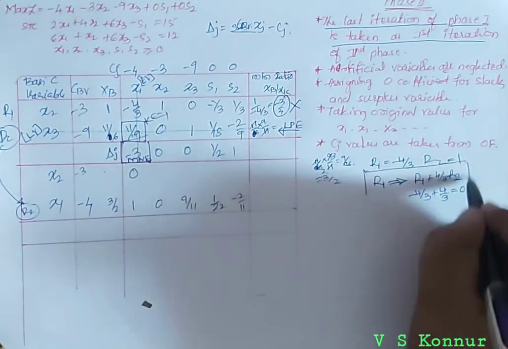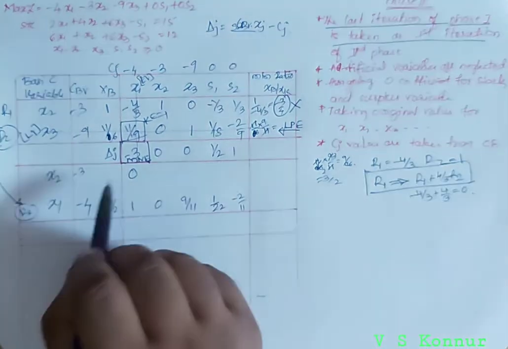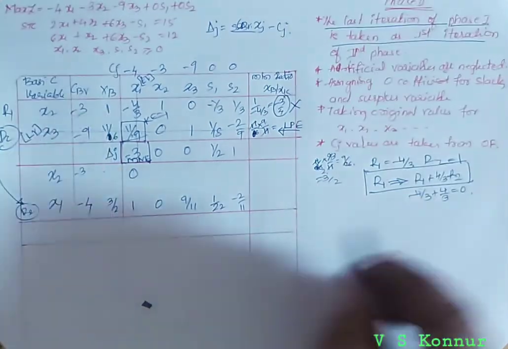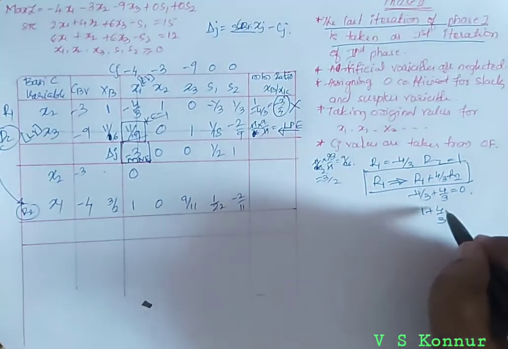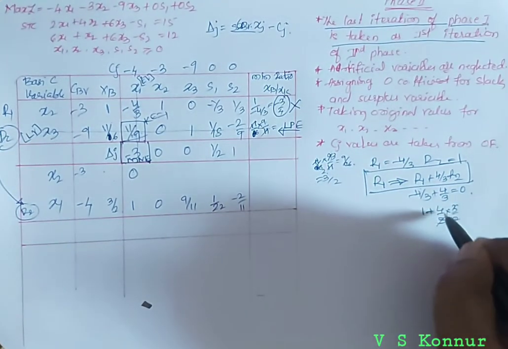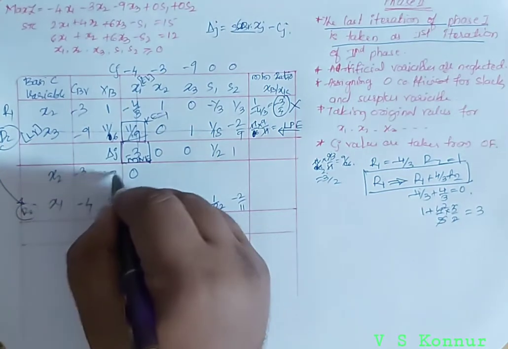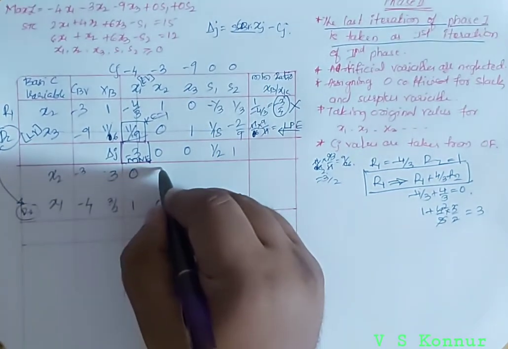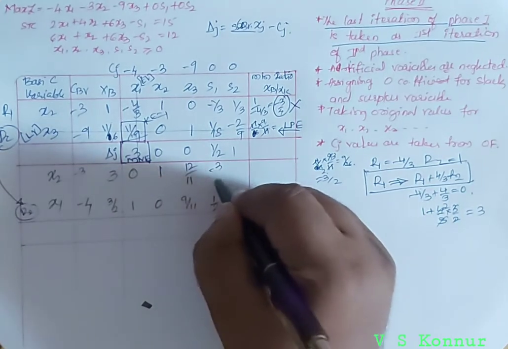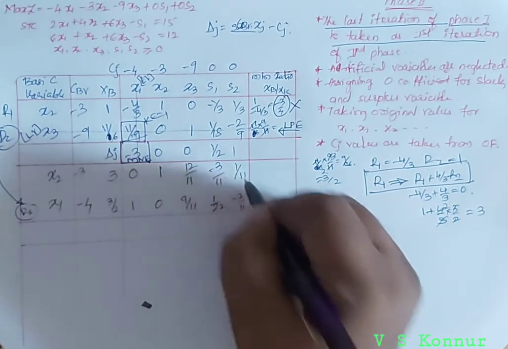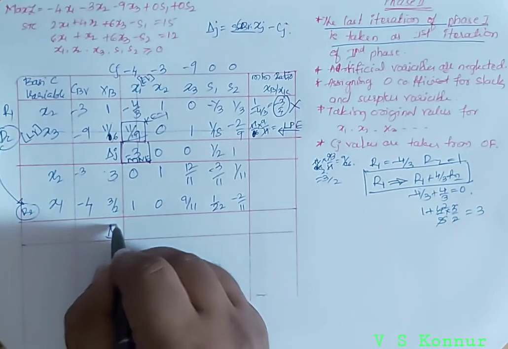So this equation will be applied throughout the row. One I would like to explain. R1 is having 1 plus 4 by 3 R2, 3 by 2 into 4 by 3. So it is equal to 3. Here we will get 3. In the same way we have to calculate 1, 12 by 11 minus 3 by 11 and 1 by 11 we will get. Now we have to calculate delta z.